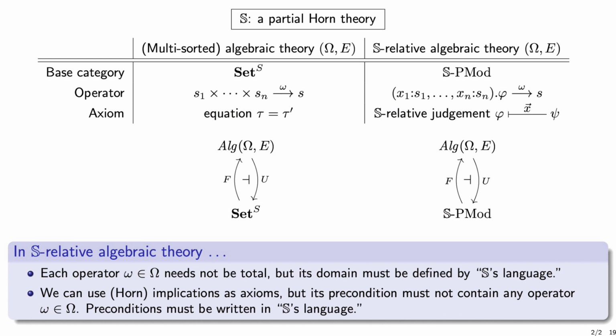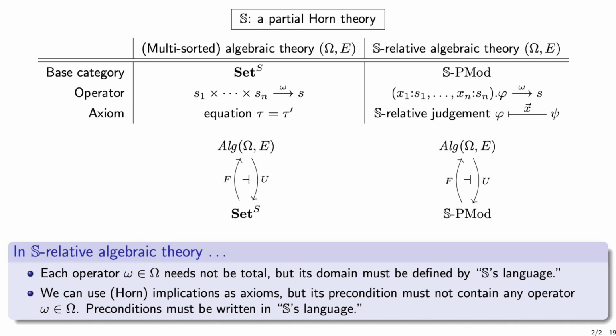Let us now compare ordinary many-sorted algebraic theory with relative algebraic theory. Many-sorted algebraic theory takes Set^S as its base category, and each operator takes a finite tuple as input, and we can use equations as its axioms.